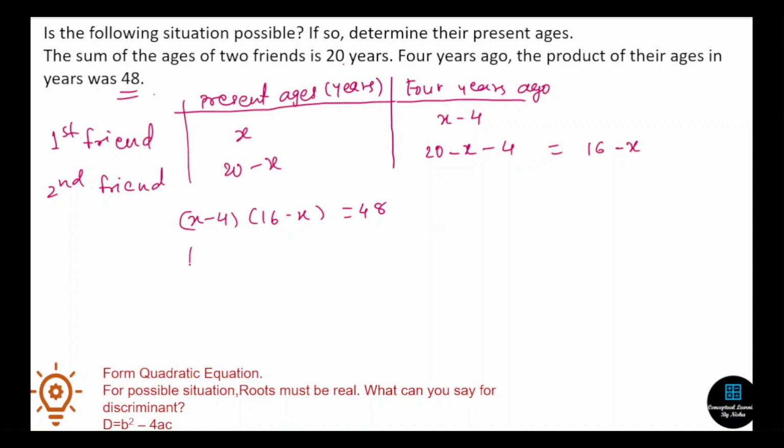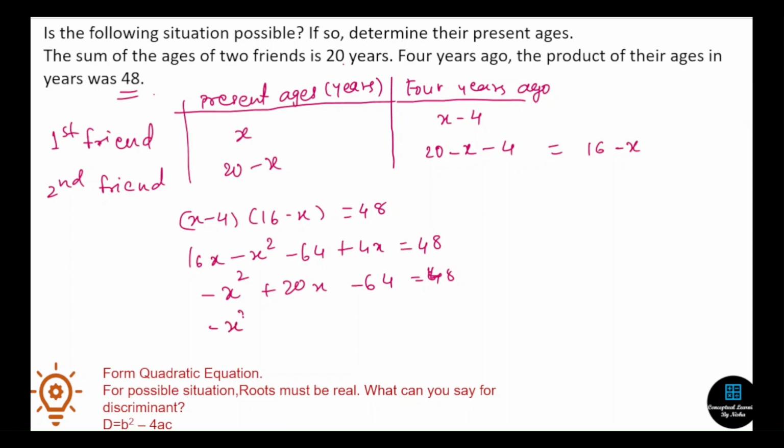So what do we get? 16x minus x square minus 64 plus 4x equals 48. On simplifying this, I'll get negative x square plus 20x minus 64 equals 48. I'll simplify this by bringing the 48 to the other side.